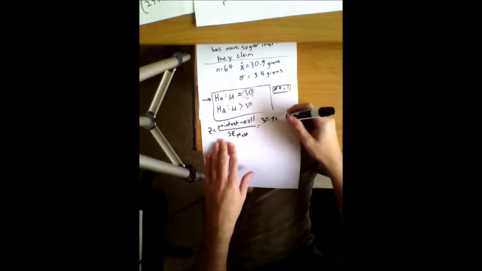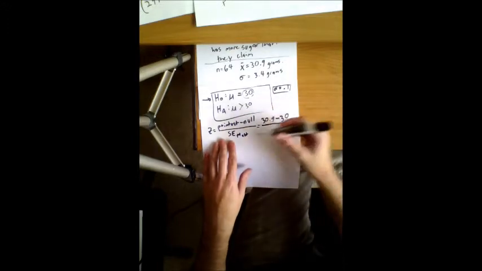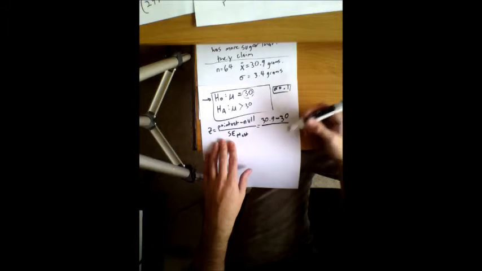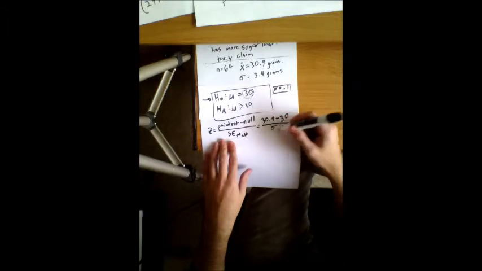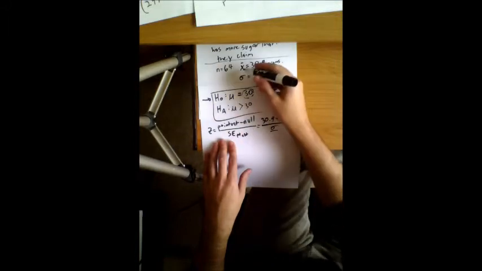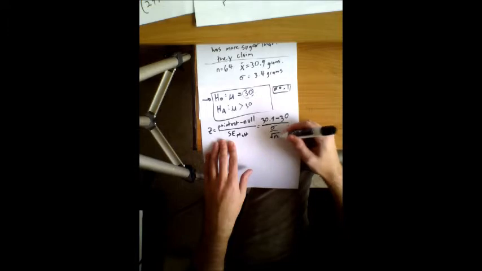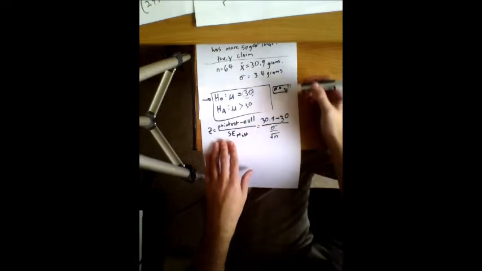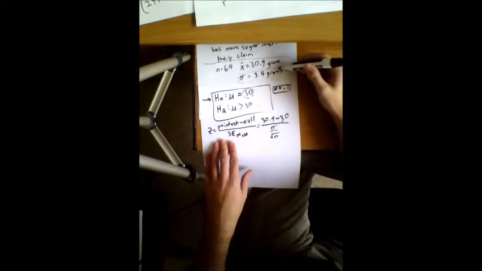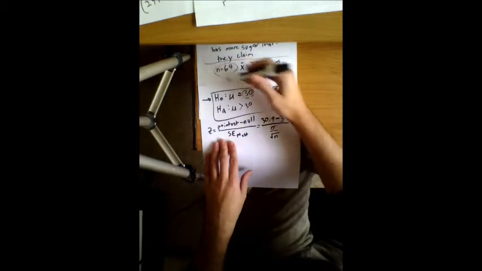So this is 30.9 minus 30 divided by what? The standard error of this point estimate. So again, we have the standard error of x bar, which is the standard deviation divided by the square root of n. And we have both of these things. We have standard deviation is 3.4, n is 64.